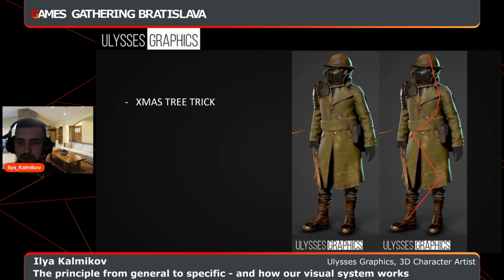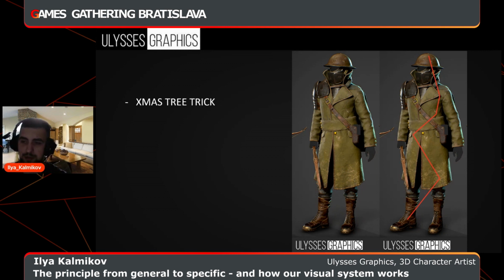Okay, so another cool thing, that's a Christmas tree trick. I guess that's my trick, because I have never seen anybody tell anyone about this. By big spots, I mean attention points. They can also be laid down at the high poly stage. And that's a good example from our portfolio on our station.